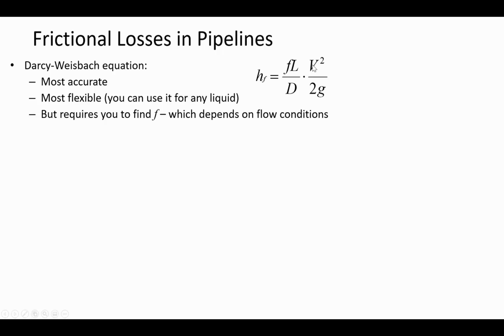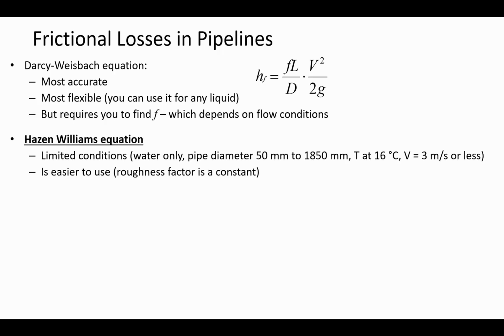So the Darcy-Weisbach equation is complicated because of that. And we can estimate the f value with the Swamee-Jain equation, but even when we have an explicit method for f, sometimes we still have to iterate in hydraulic design because there may be multiple pipes that the flow is going through. So it can get complicated with the Darcy-Weisbach equation.